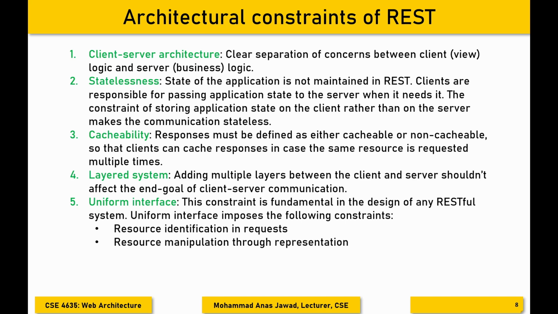And finally, we have self-descriptive messages. This is very self-explanatory. Whenever the server sends back a response to the client, just by taking a look at the received JSON or XML document, the client should be able to understand what kind of parser should be used to parse that message.